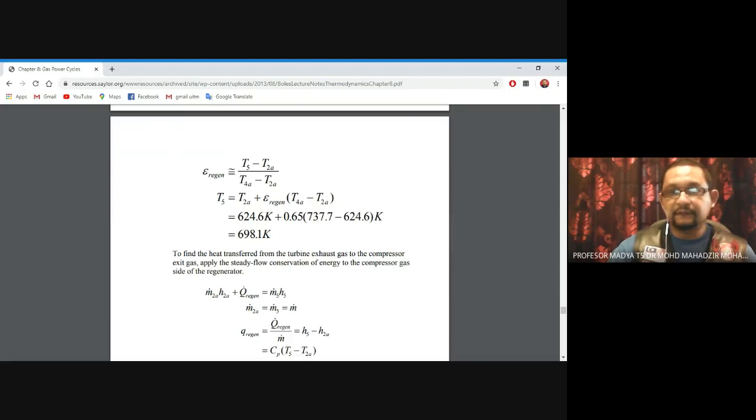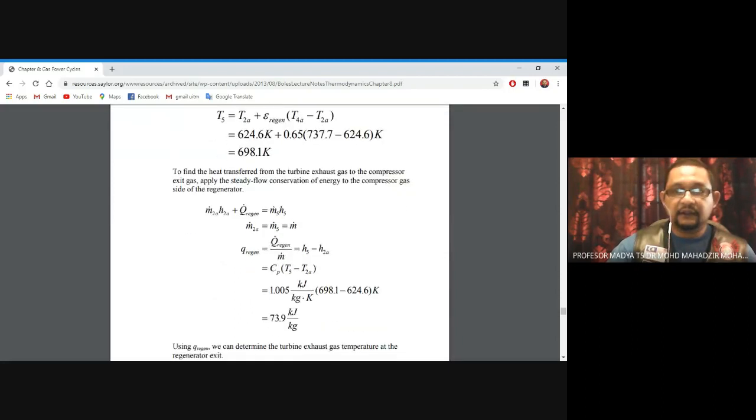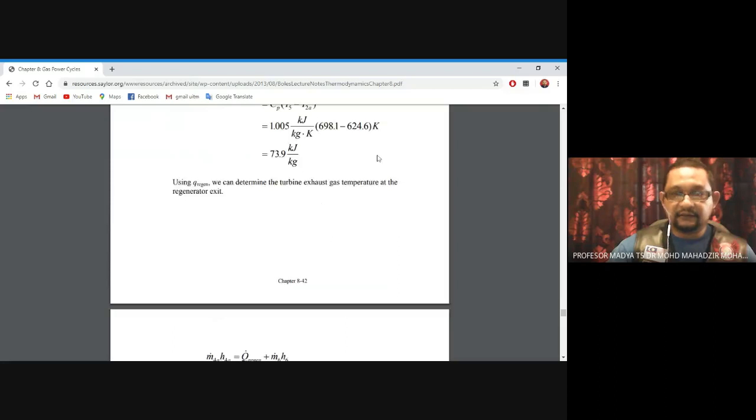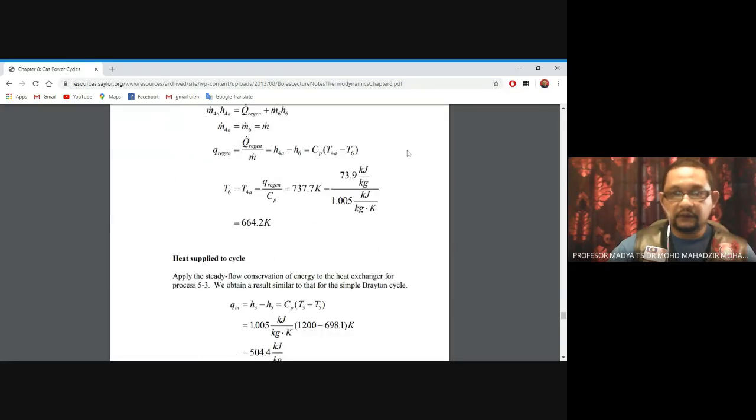So from here, put all the values that you got from the previous calculations. So you will get T5 is 698.1 Kelvin.